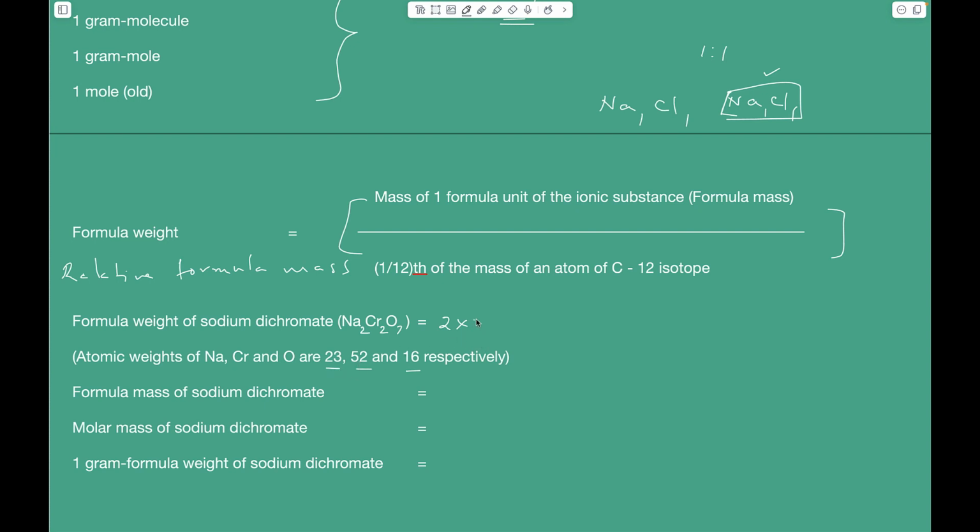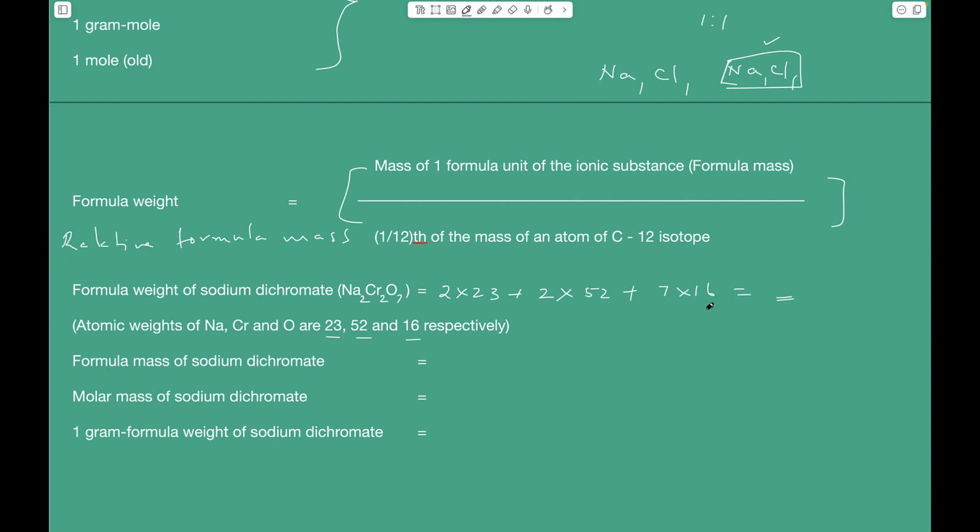So it would be 2 times 23 plus 2 times the atomic weight of chromium, which is approximately 52. So 2 times 52 plus 7 times 16. I will let you do the math to figure out the formula weight of sodium dichromate.